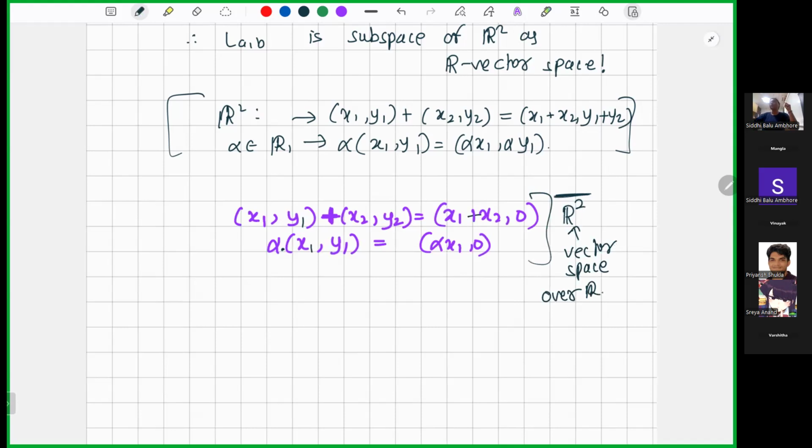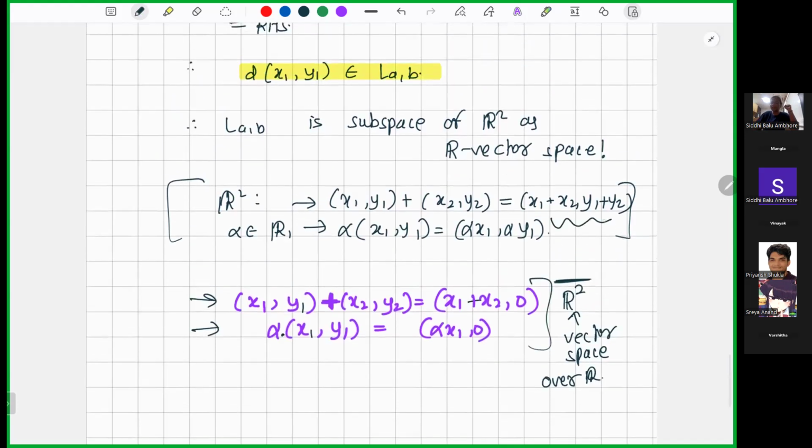But when we say that a particular set is a subspace of this vector space, then I have to look at the addition and scalar multiplication in this context. Then I can't do addition and scalar multiplication like this. I hope you understand what I'm trying to say. When I'm looking at whether a particular set is a subspace of a given vector space, the addition and scalar multiplication should be induced from the bigger set which we are looking at.